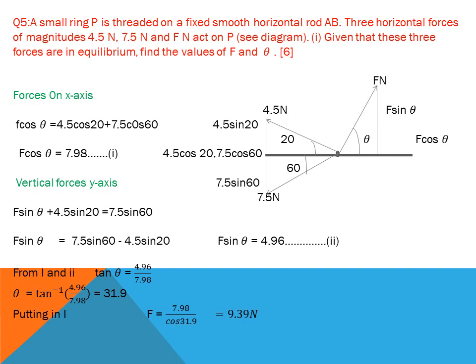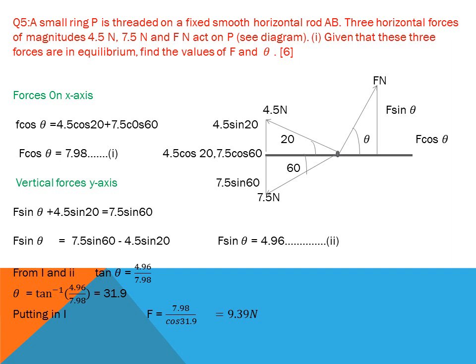And for the final force, 7.5 Newton, the horizontal component is 7.5 cos 60 and the vertical is 7.5 sin 60. The components of both forces 4.5 and 7.5 are on the same side, the left hand side of the ring P.